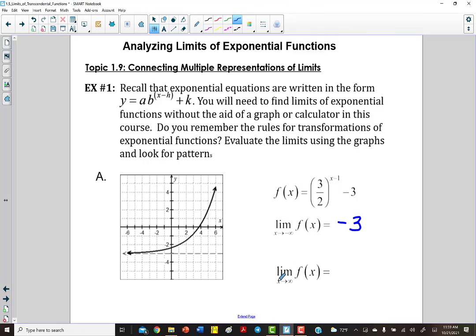And on the right, the function is unbounded upward, so there is no limit at infinity, and this is an increasing function. And we can tell it's an increasing function because our b value, that base, is a bigger than 1 value.